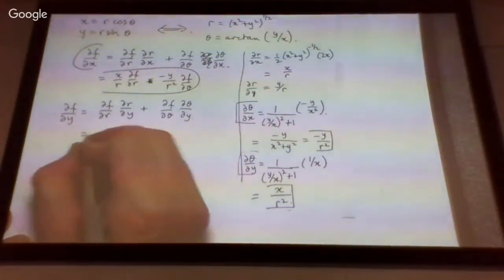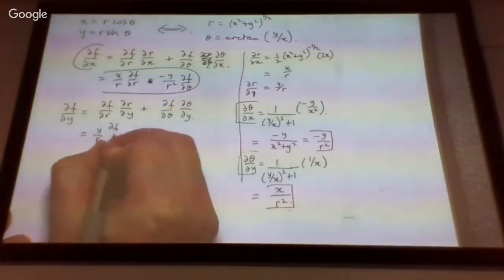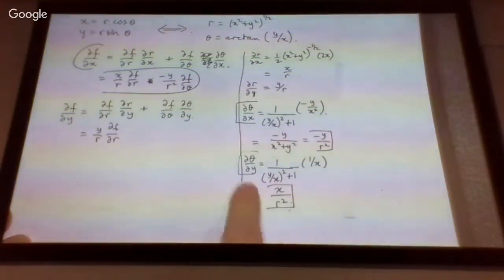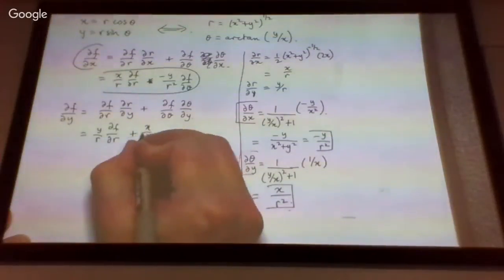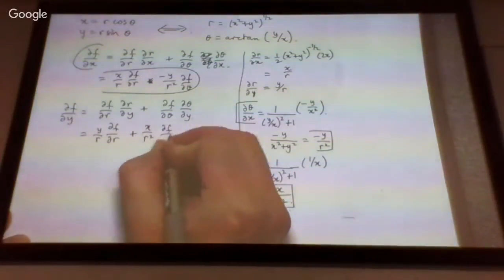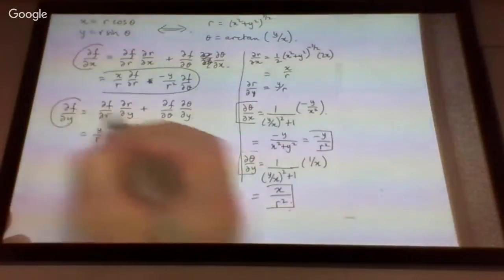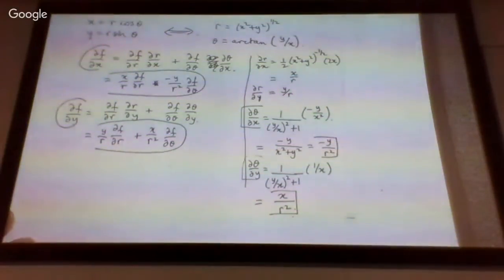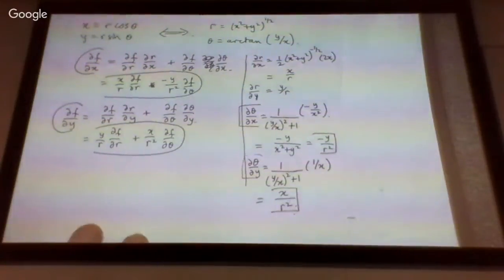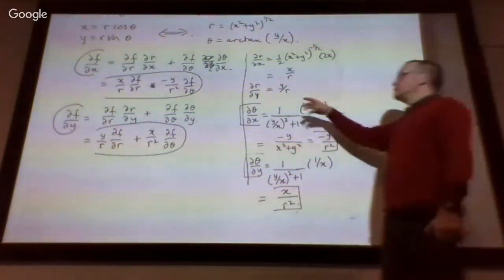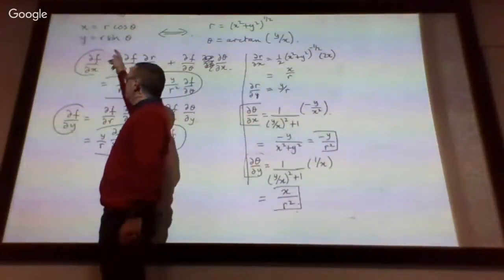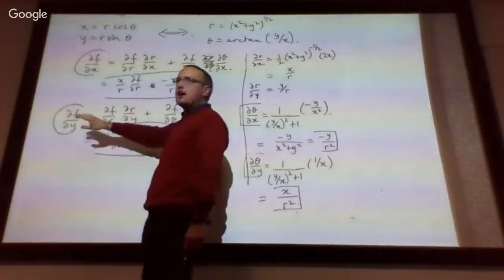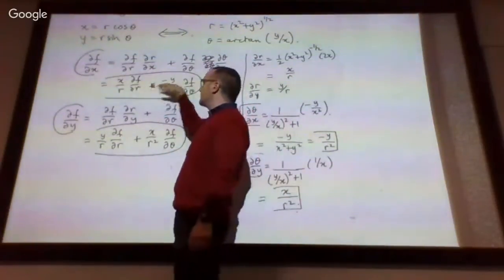So dr dy is y over r, df dr, and d theta dy is x over r squared, df d theta. So I've done as much as I can to translate df dx and df dy into expressions just involving r and theta.